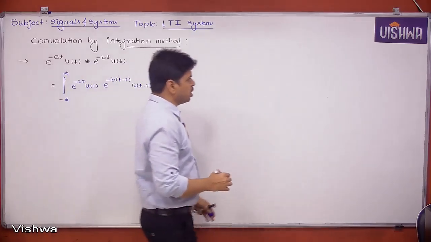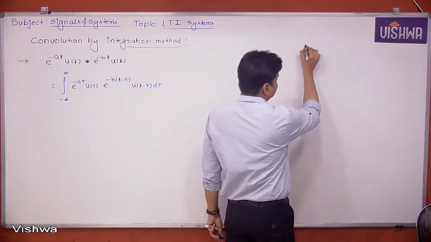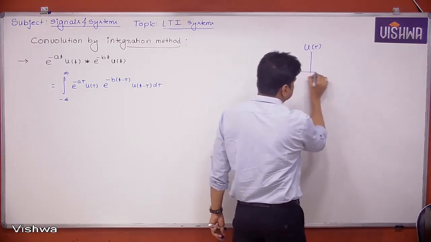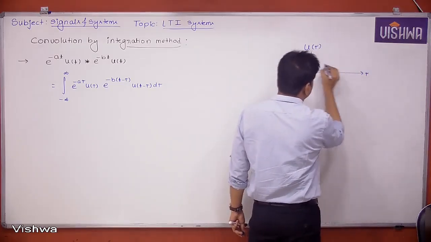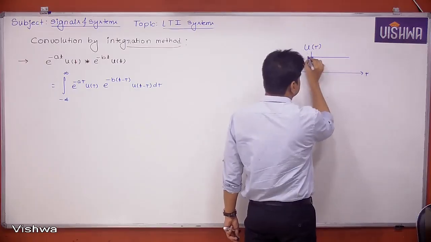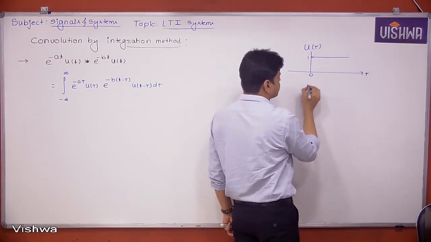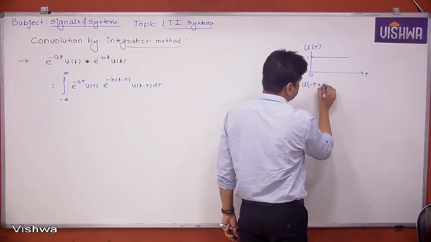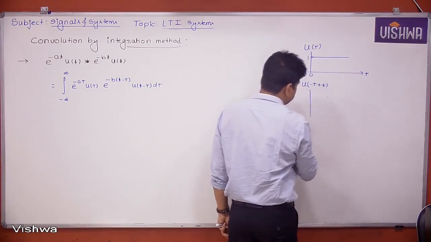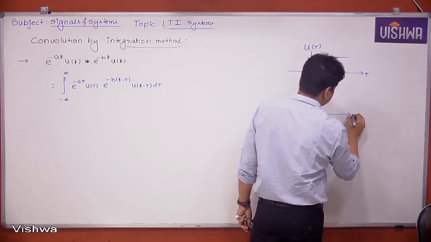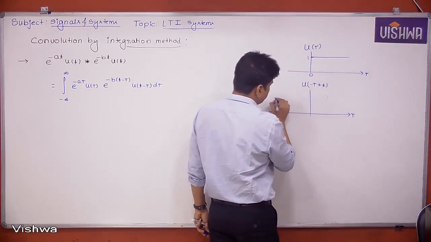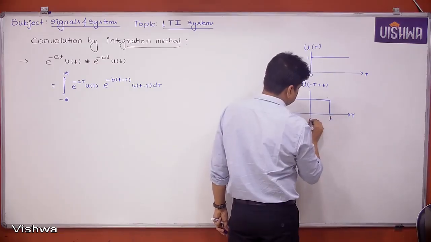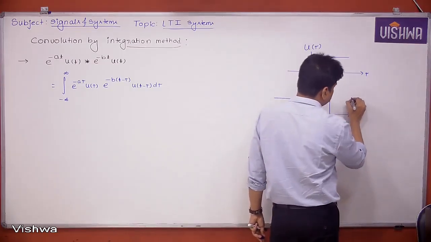Now I want to remove this u of tau and u of t minus tau. So let's see how they look. u of tau with respect to tau looks like this. u of t minus tau, also called u of minus tau plus t, if t is positive, gives this kind of shape.